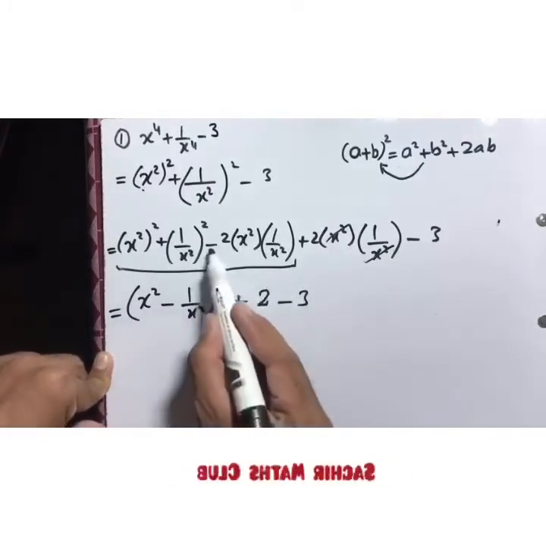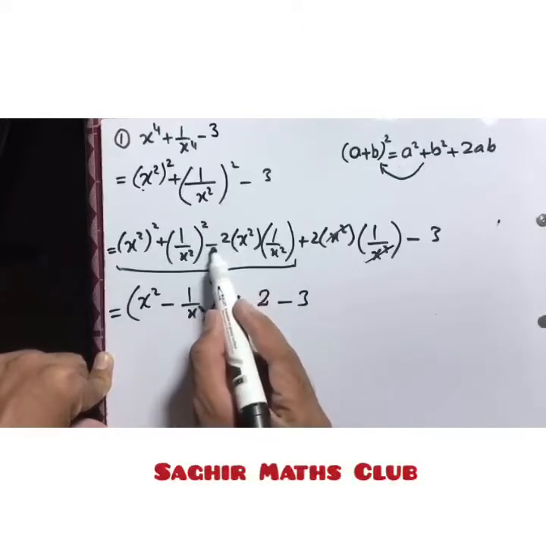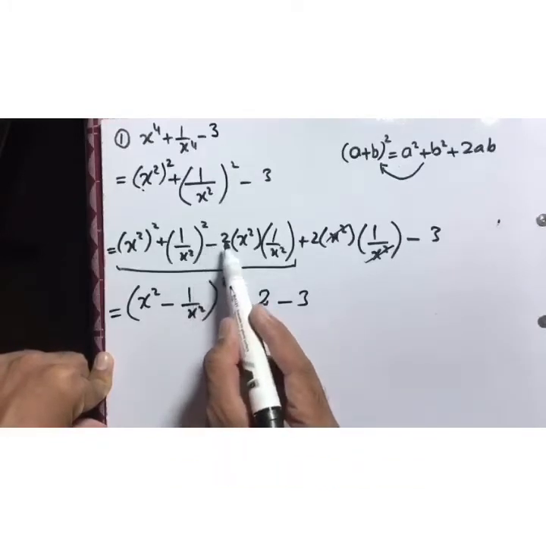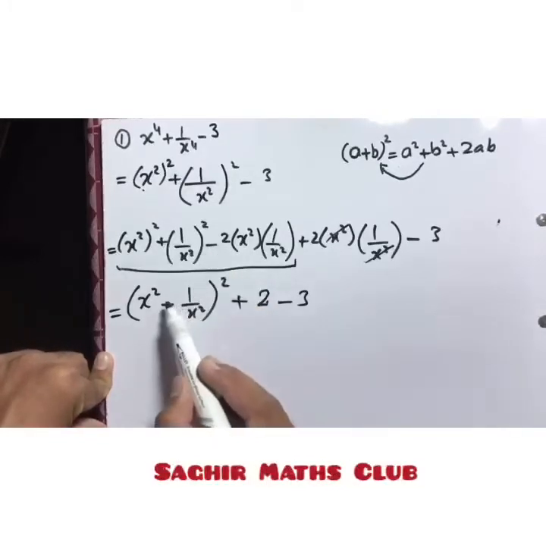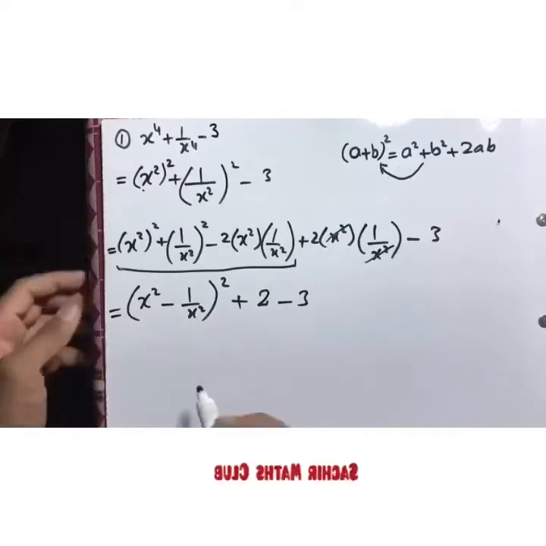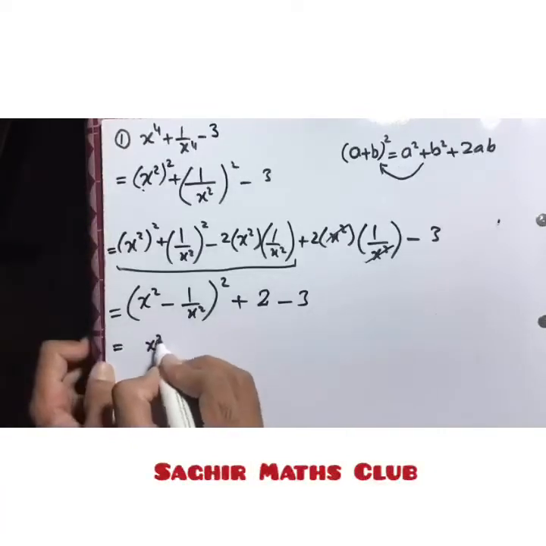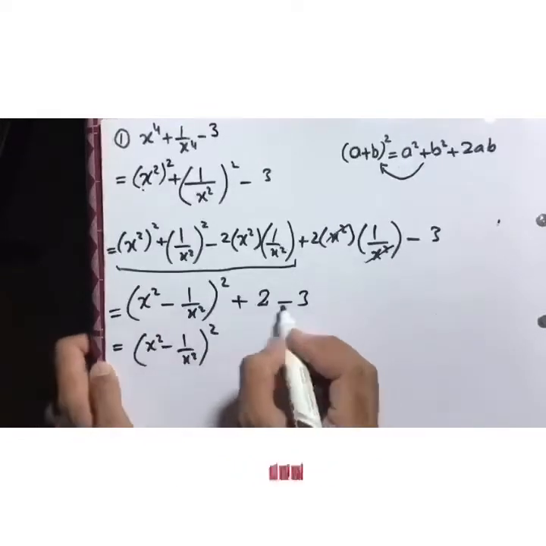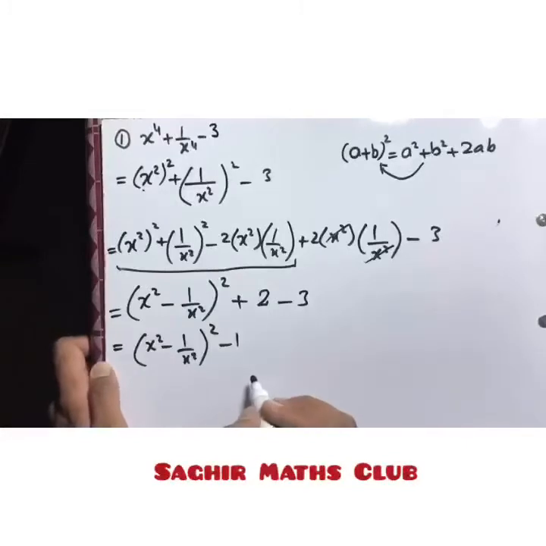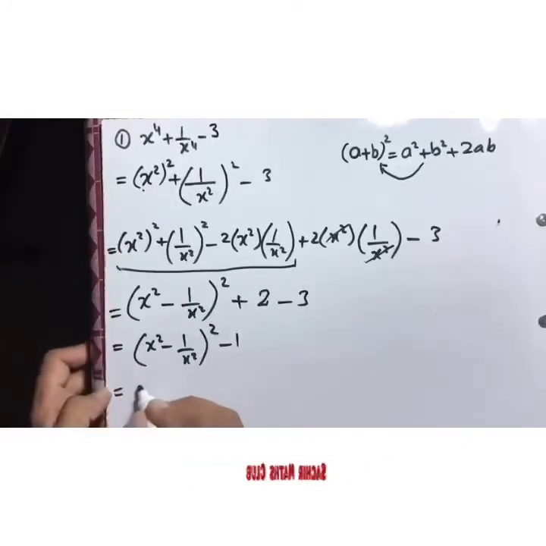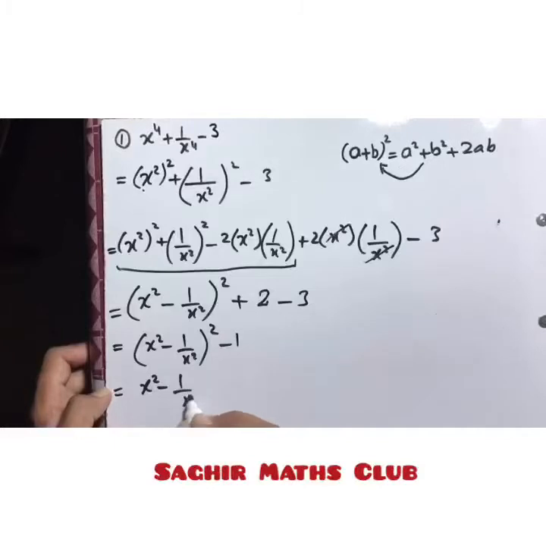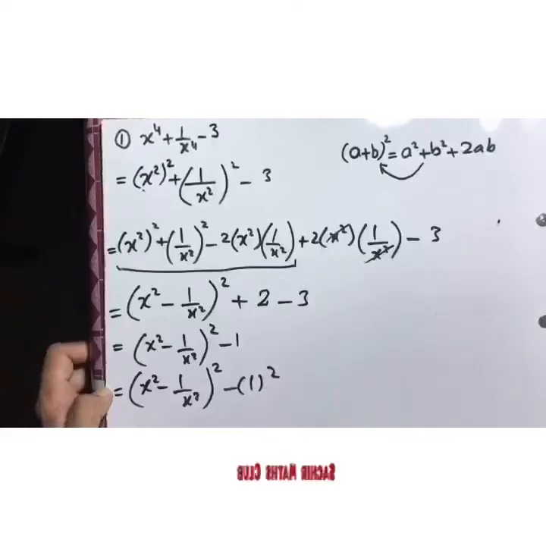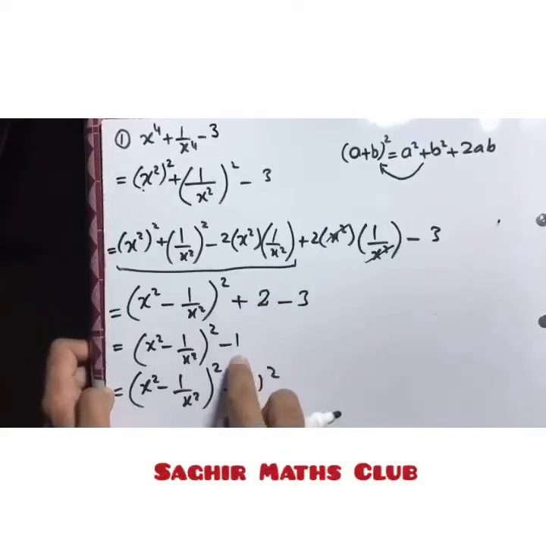If the sign with 2 is minus, then we place minus here. If the sign with 2 is plus, then we place plus with 1 over x square. Now you can write (x square minus 1 over x square) whole square, minus 3 plus 2 we get minus 1, and next you can write (x square minus 1 over x square) whole square minus 1, and 1 can be written as (1) whole square, because when we take the square we get 1.